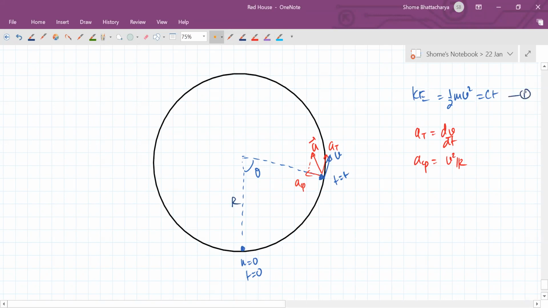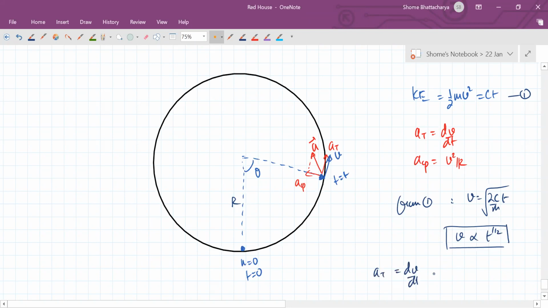So this first equation, what it's showing us, you can see that speed as a function of time is square root of 2c by m t. So speed is proportional to root t. So what that tells you, that the tangential acceleration will be proportional to 1 by root t.